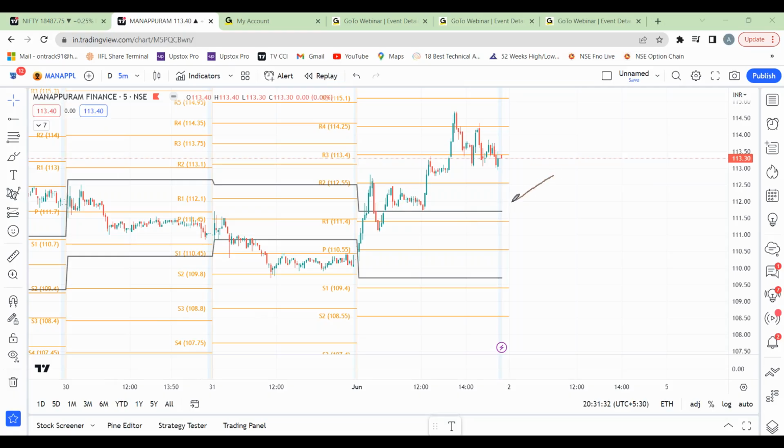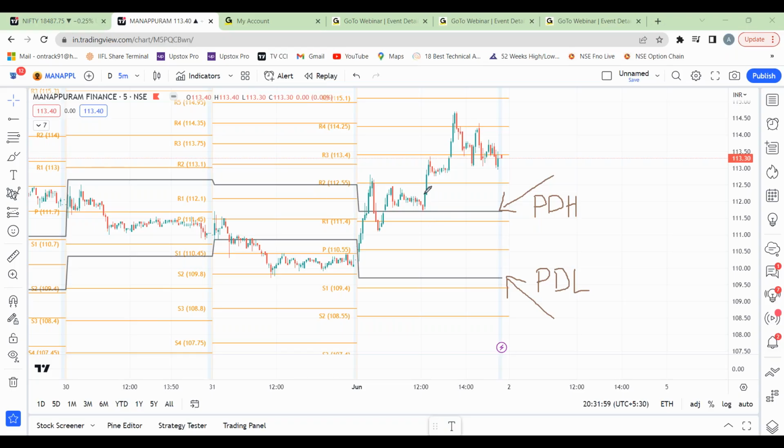Okay, you see this line? One line on the top, another line on the bottom. Previous day high, in short form, we address it as PDH. Previous day low, we address as PDL.